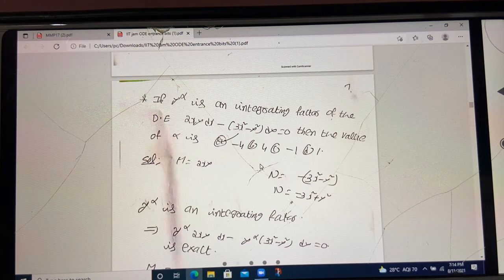There is so much to be done in differential equations that will be done after September 1st, after your entrance. Those who are writing next JAM, and CSIR students who are writing in December, the theoretical part and also the extension part will be continued after September 3rd, after your HCU entrance. I am doing this only from the HCU entrance and CUET point of view, because that entrance is now.